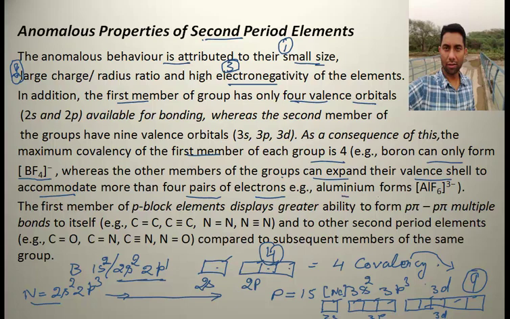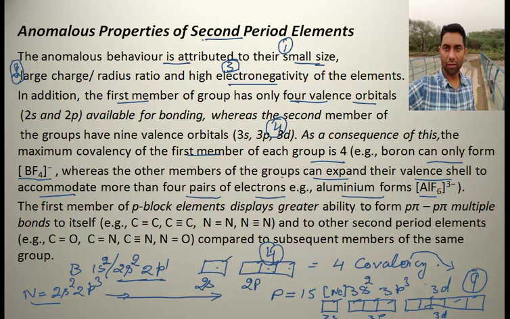For example, aluminium forms AlF6 3 negative, hexafluoridoaluminate. This is due to the availability of these 5 vacant d orbitals, which is missing in the case of second period elements. So this is the 4th reason. There are 4 reasons on the basis of which we can explain the anomalous behavior shown by the second period elements.